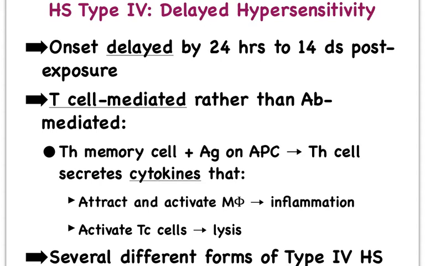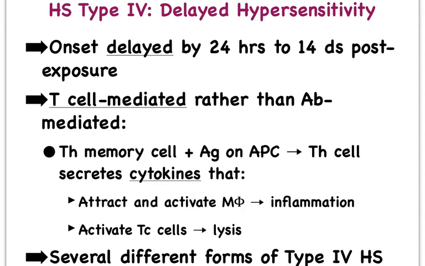Typically, a previously sensitized TH cell, therefore a TH memory cell, when exposed to an antigen on an antigen presenting cell, is going to start secreting cytokines that then activate our macrophages to trigger inflammation. But they can also activate our TC cells such that they can release their granzymes and perform very similar to what natural killer cells do and create lysis of the cells.